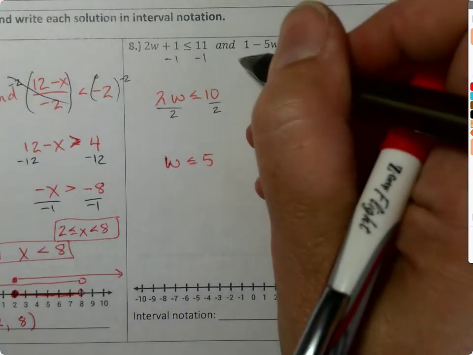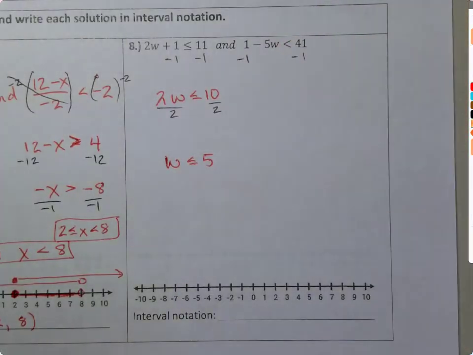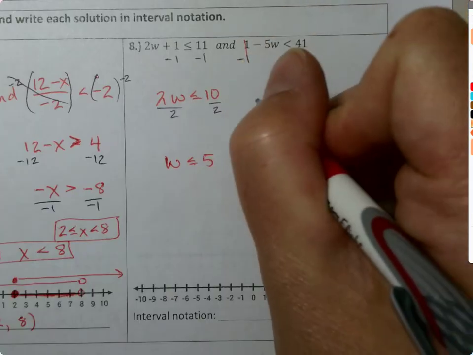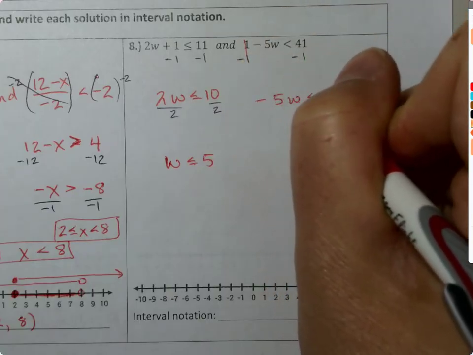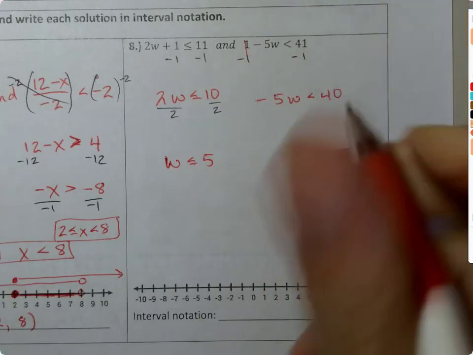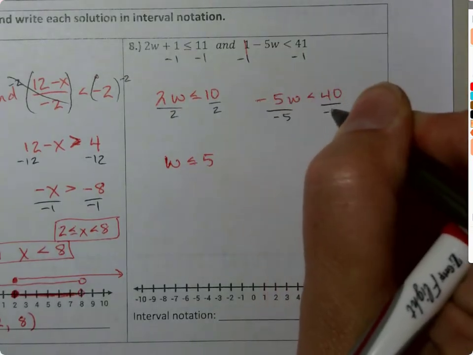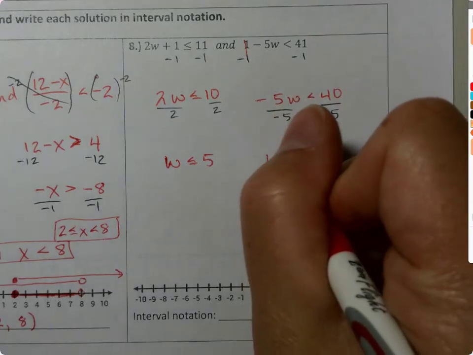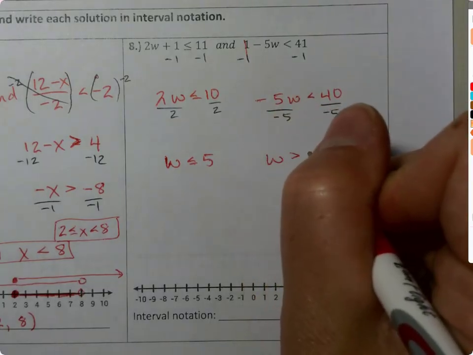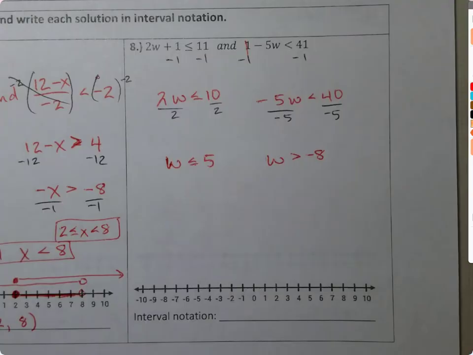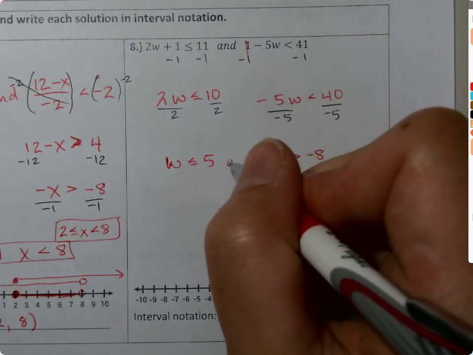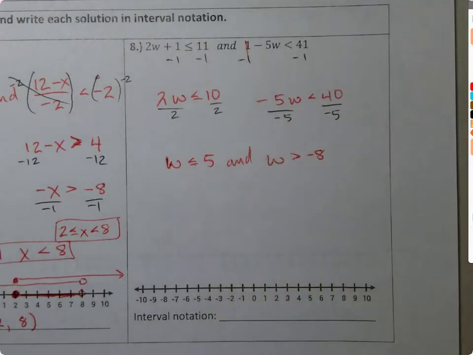All right, this one, subtract 1. This cancels, but I'm left with a negative 5w is less than 40. And I'm going to divide by negative 5. And I get w is greater than negative 8. We had to change the sign, right? The word goes in between here: and.